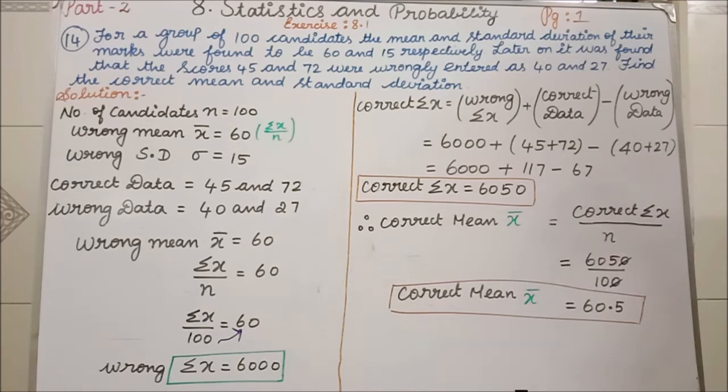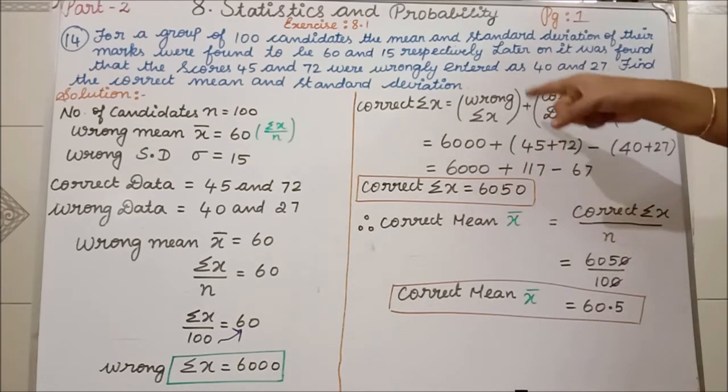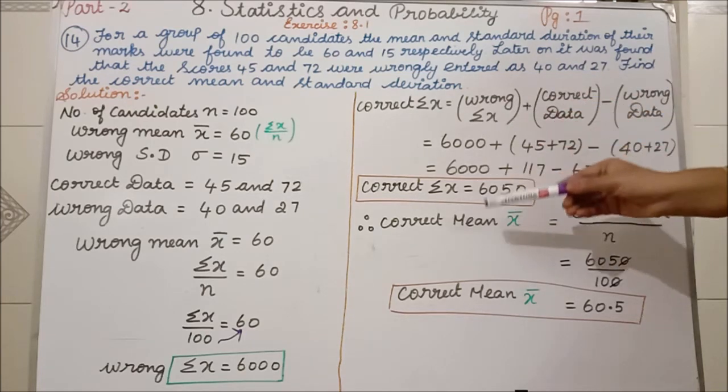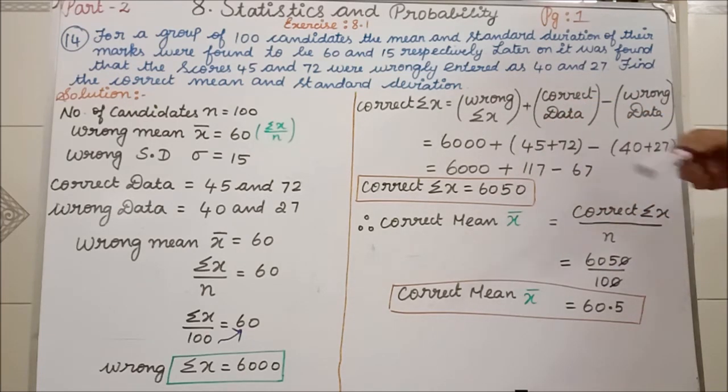The wrong data they have entered is 40 and 27. That data we have to remove, so minus 40 plus 27. So 6000 plus 45 plus 72 is 107, minus 40 plus 27 is 67. If you add 107 and subtract 67, we will get 6050. That is the correct summation x.